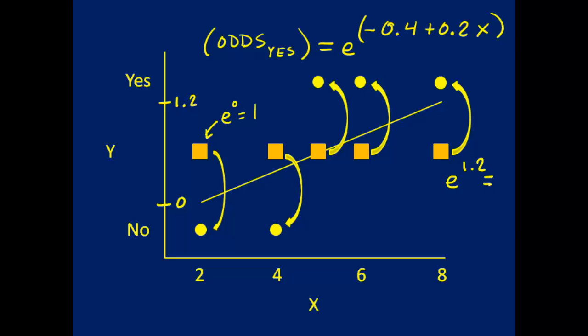And this is equal to an odds of 3.32. Or another way to say that, this is an odds of 10 to 3. 10 to 3 is approximately 3.32. So this random category generator is going to give us 10 yeses for every 3 no's. And in this particular instance, it gave us a yes.